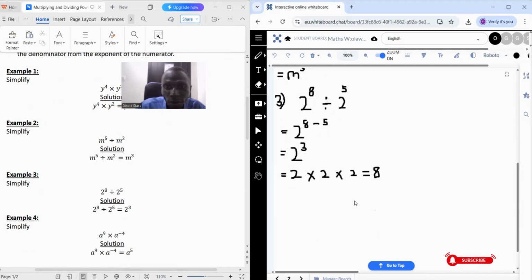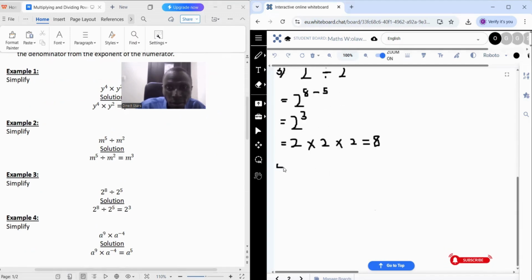In example 4. Here we have to simplify a raised to power 9 multiplied by a raised to the power of minus 4. So we're going to have this to be a raised to power 9, then plus, then let's put minus 4 into brackets, minus 4.